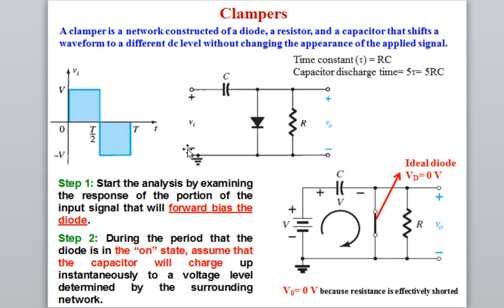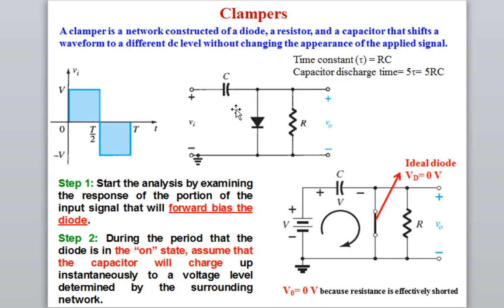But as I mentioned, the output of the clamper circuit will go to a new DC level, and this new DC level of the output voltage is basically controlled by the values of capacitor and resistor chosen in the circuit.